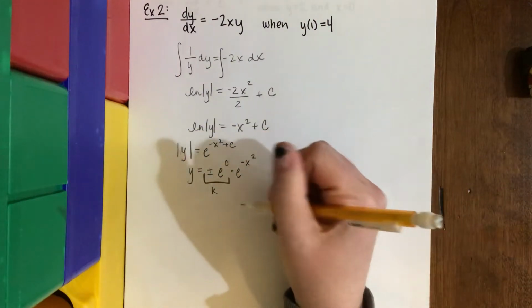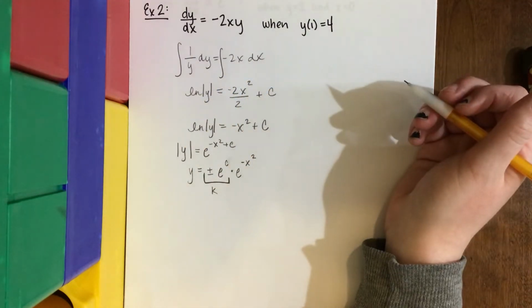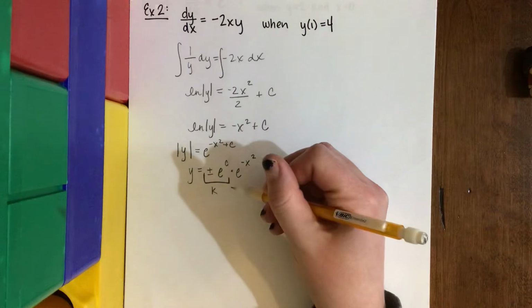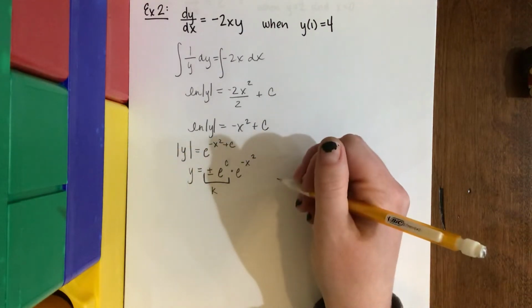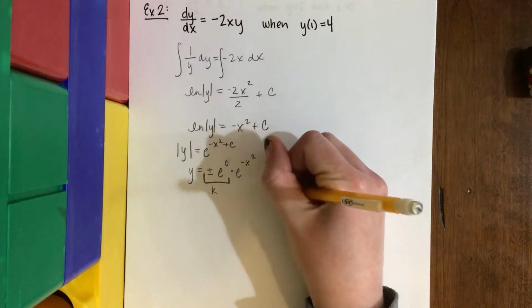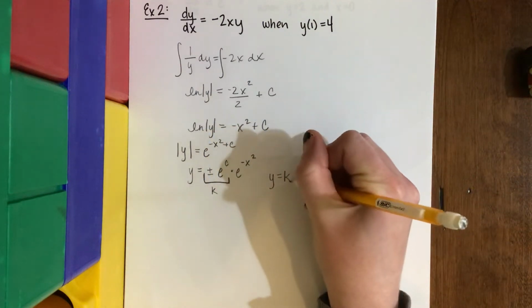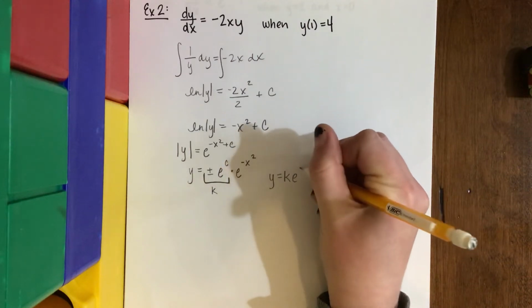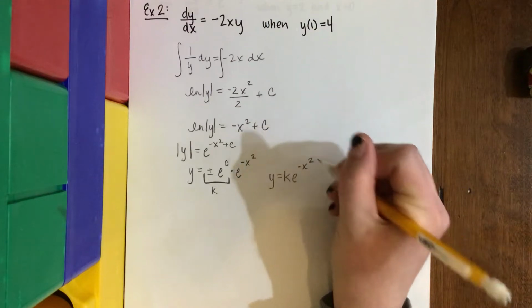And from everything I've been looking at, it seems to be a pretty consistent variable that gets used. Now, if I go ahead and rewrite this as y equals k e to the negative x squared.